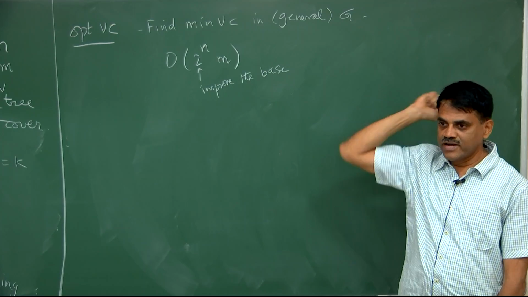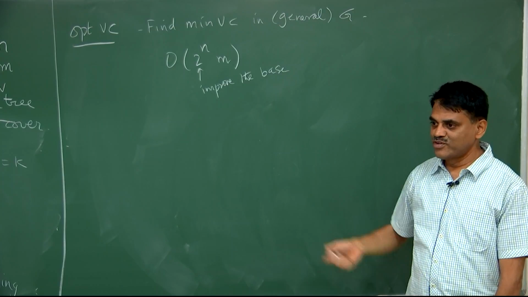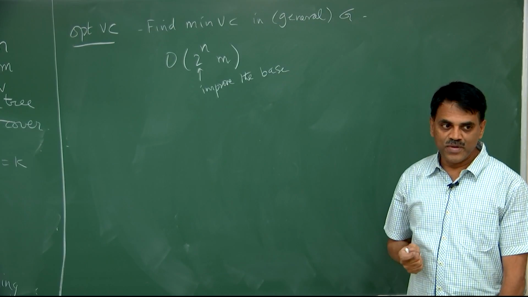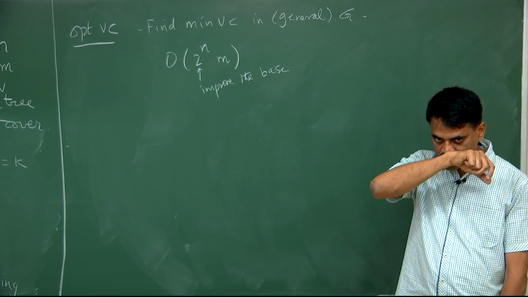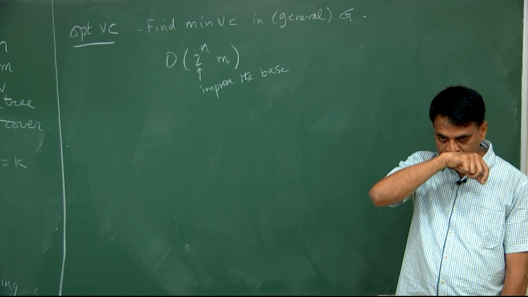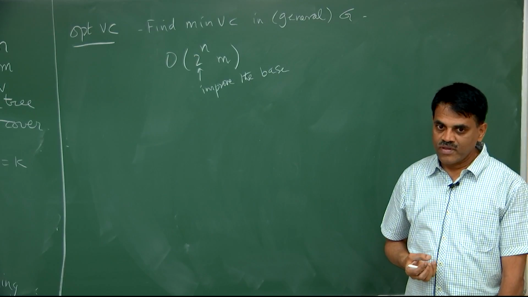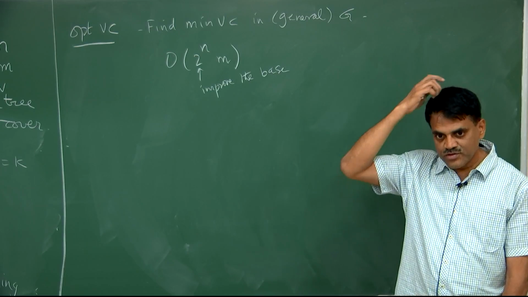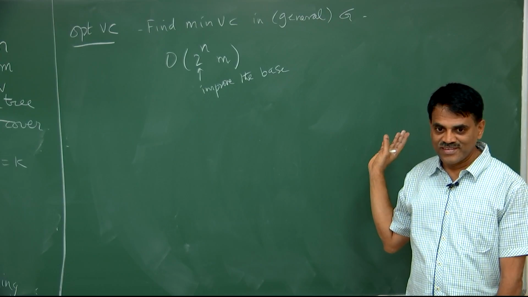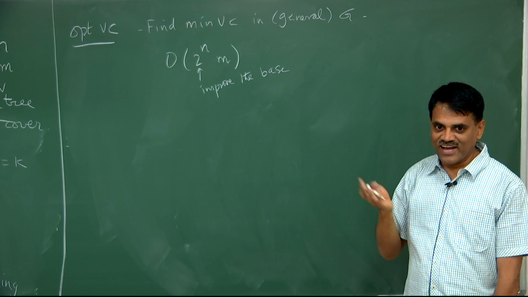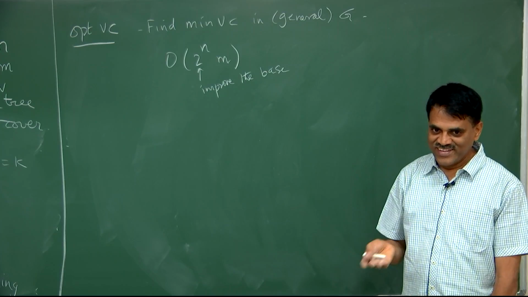We have learnt already enough to improve the base of the exponent. Search for k. Why 2 power k? I told you of a much better algorithm, 1 point something. 2 power k doesn't give you what I'm aiming for.